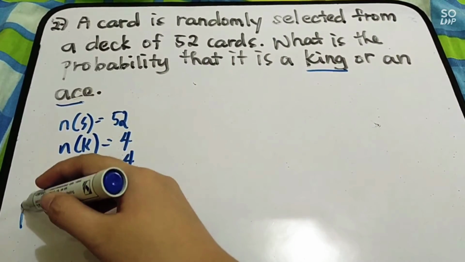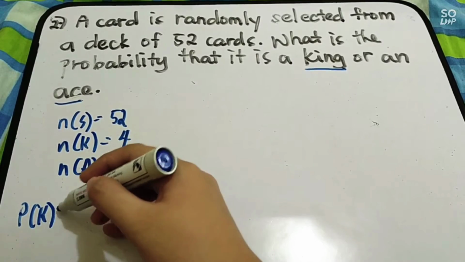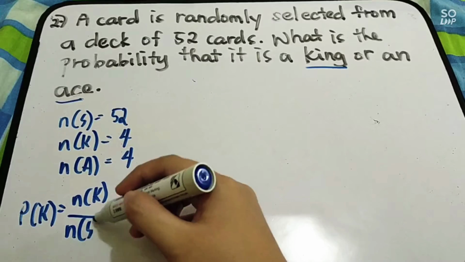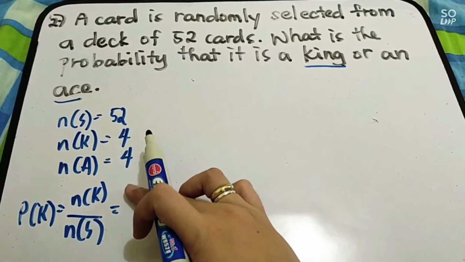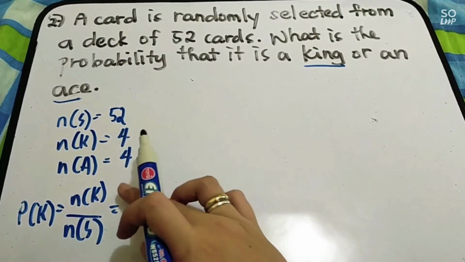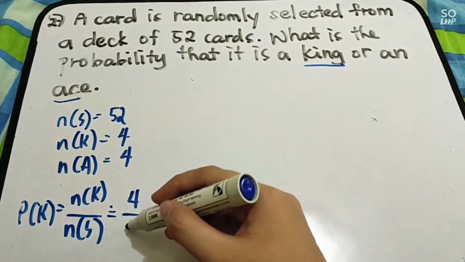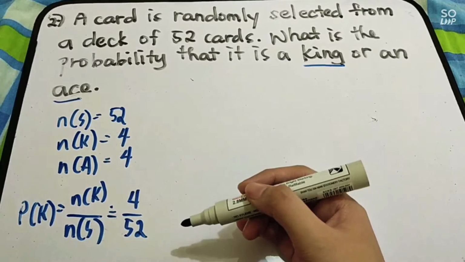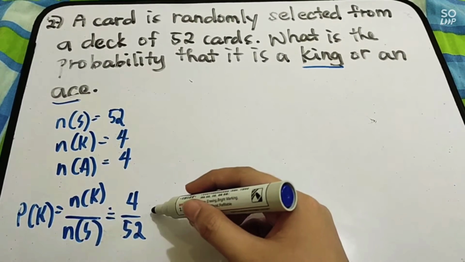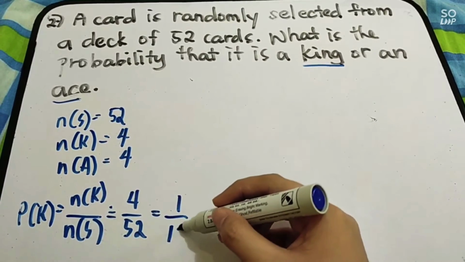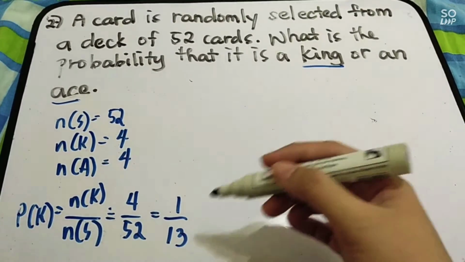Ang probability ng ating king is equal to n of K over n of S. So, yung event ni K over yung event ni sample space. So, ang event ni K, ni king, we have 4 over 52. Ayan. Or, we can simplify this one as 1 over 13. Next tayo.